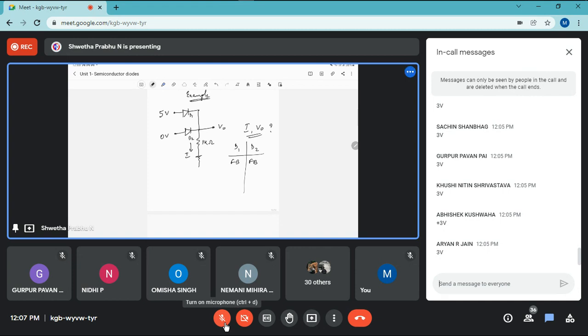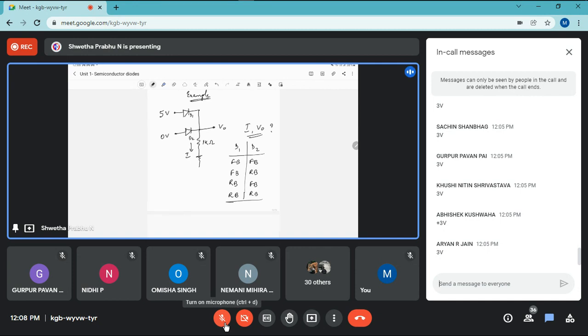What happens when diode D1 is forward biased and diode D2 is reverse biased? What happens when diode D1 is reverse biased, diode D2 is forward biased? And the last case is, what happens when both the diodes are reverse biased? Okay, here come 4 different cases.